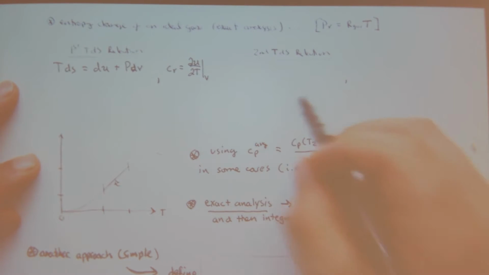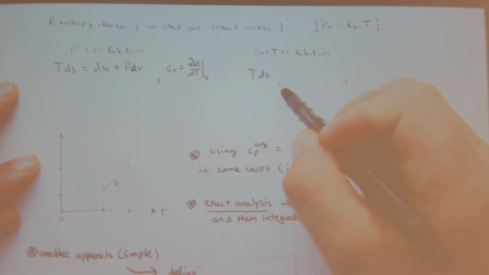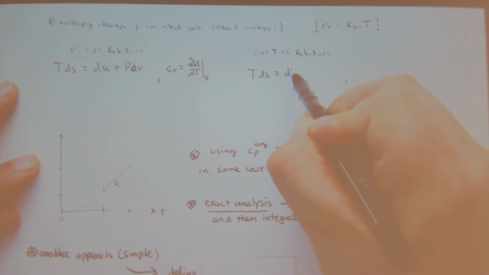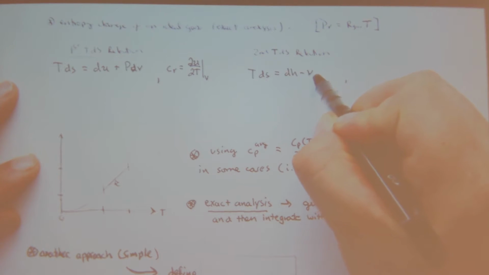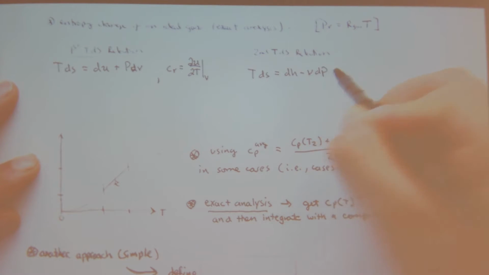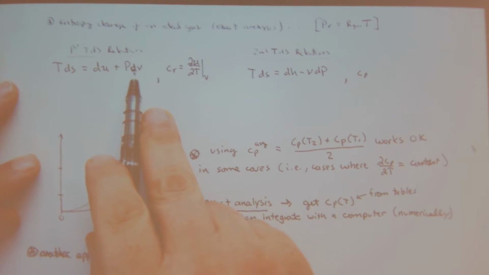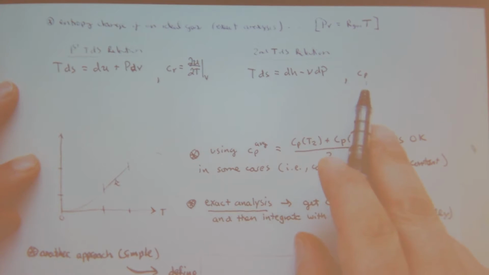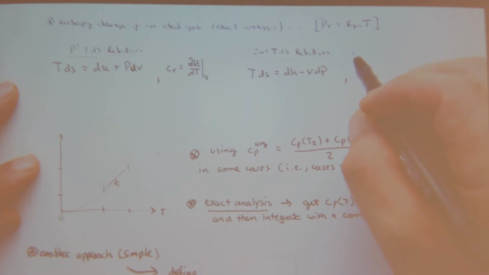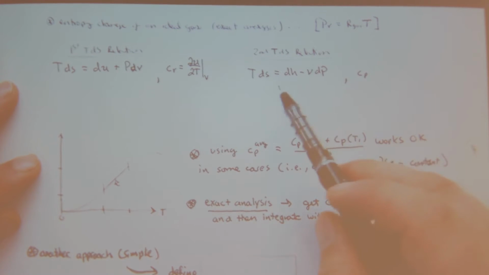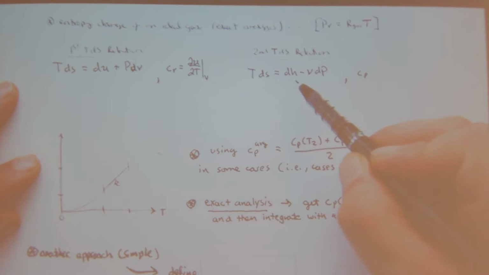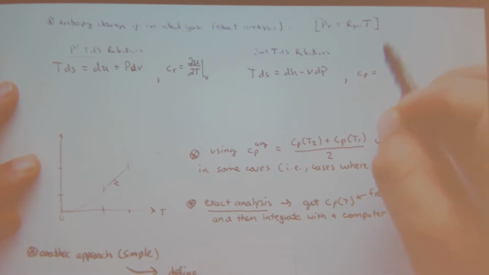For my second TDS relation, I have T ds equals d small h minus v dp. And in this case, I'm using the specific heat at constant pressure. So you notice I use constant volume and I have a dv here, and constant pressure, right? I'm using constant pressure heat capacity.